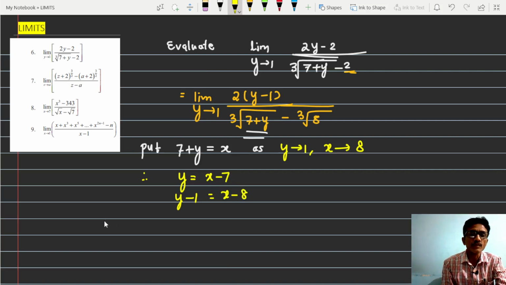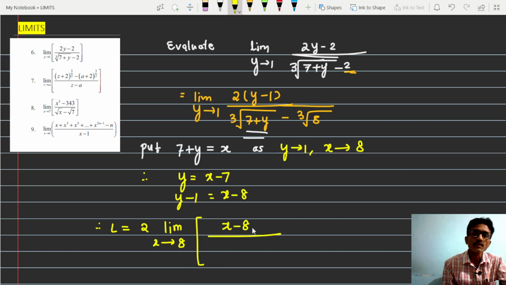So L will be equal to 2, which we took outside, times limit as y is tending to 1, x is tending to 8. Y minus 1 is x minus 8 upon cube root of 7 plus y, which is x raised to power 1 by 3, minus 8 raised to power 1 by 3.